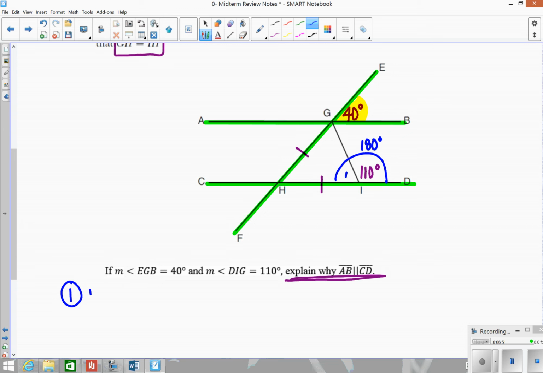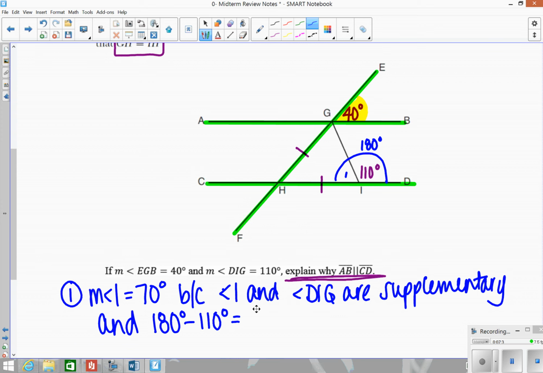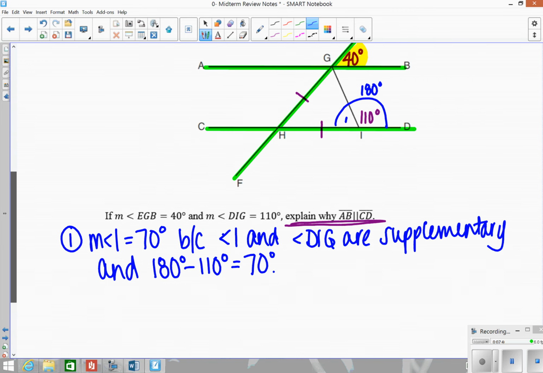The measure of angle 1 is equal to 70, because angle 1 and angle DIG are supplementary, and 180 minus 110 gives me 70. So that's how I made that conclusion. When I'm explaining, I'm just doing the math and explaining how I know. So this is going to be 70.